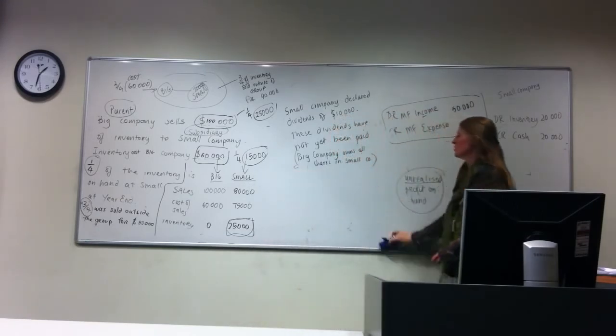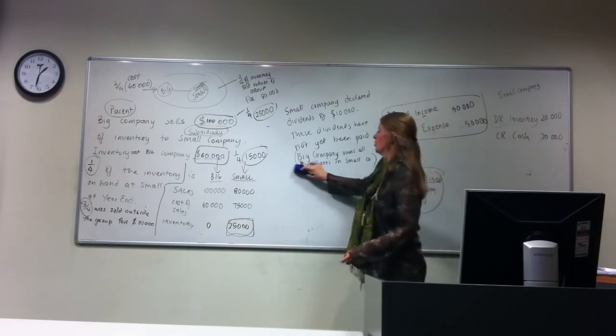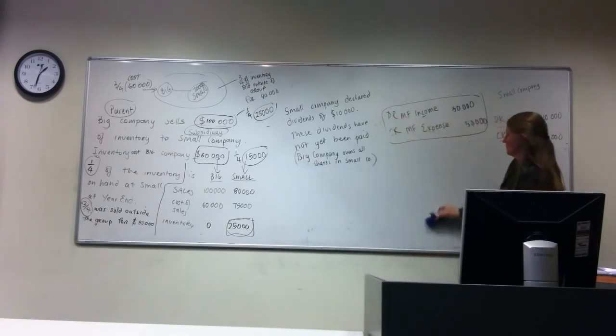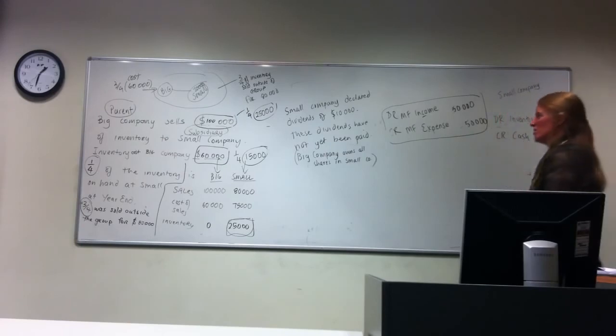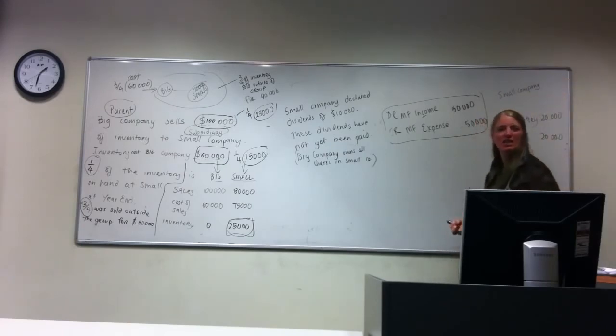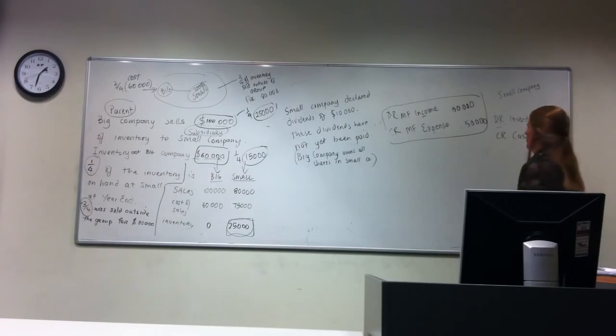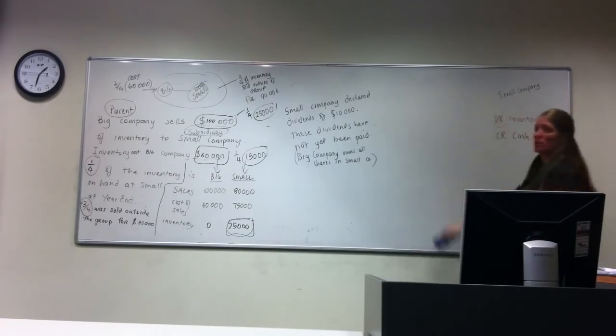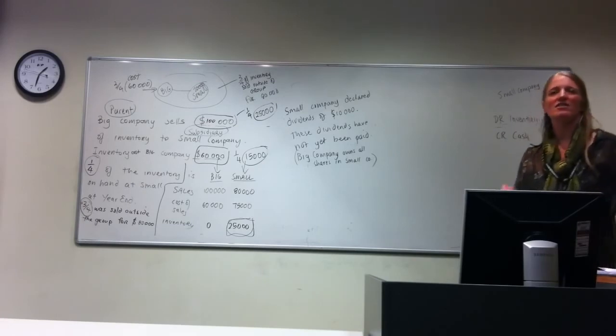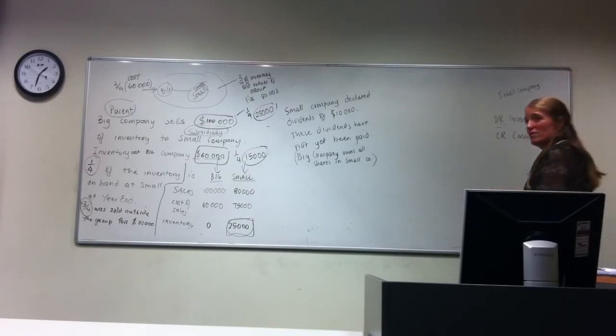In other words, if we're doing consolidation, what journal entries should we put through? Dividends payable, quite right. Dividends payable, dividends receivable. Okay, so what are we going to do there?